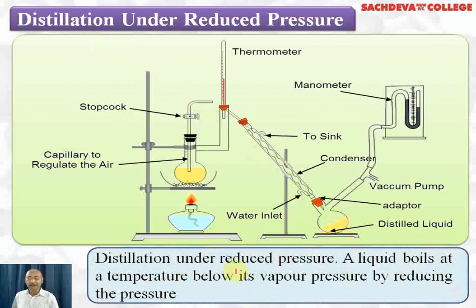So in distillation under reduced pressure, a liquid boils at a temperature below its normal boiling point, when its vapor pressure becomes equal to the external pressure, which we have already reduced, so that its boiling point is reduced.